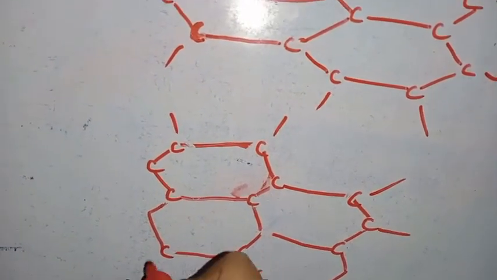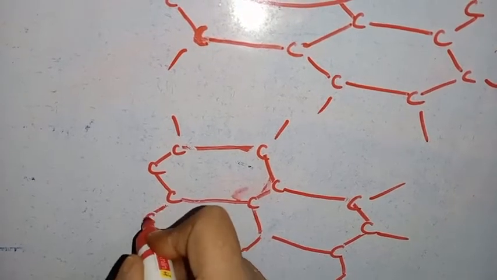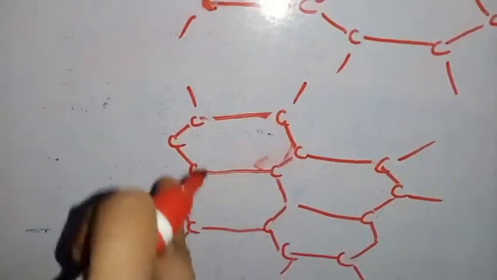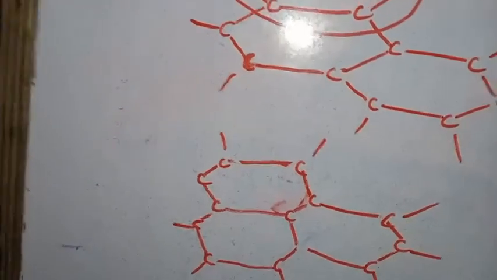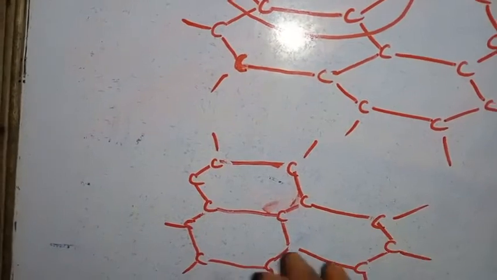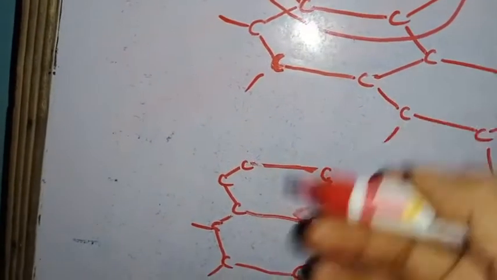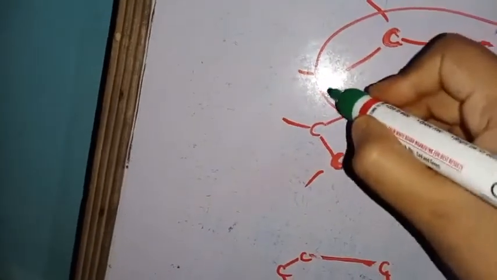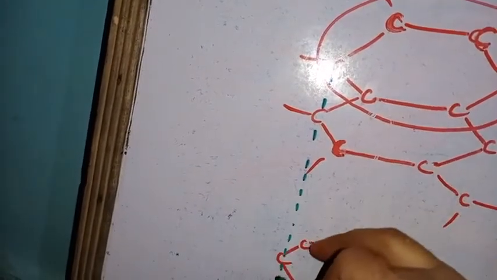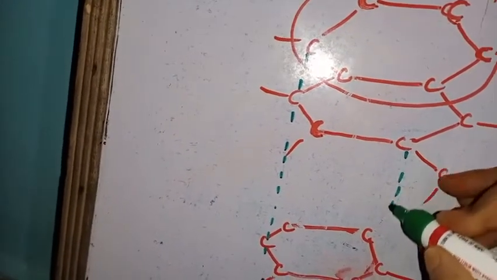So here you can see each carbon atom is bonded to 3 other carbon atoms. So how these rings are attached with each other? The rings are one above the other. So how they are arranged? They are actually connected. The layers are connected with each other by a very weak force. See, like that they are connected.